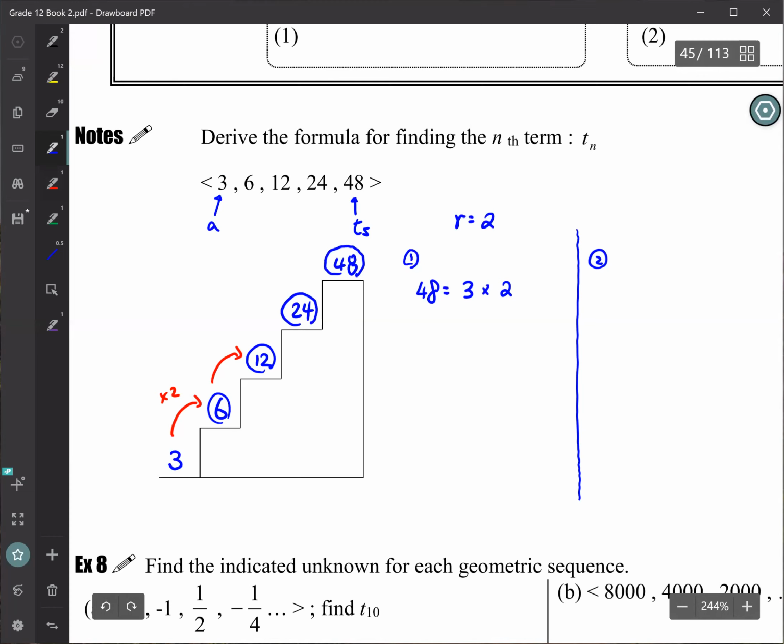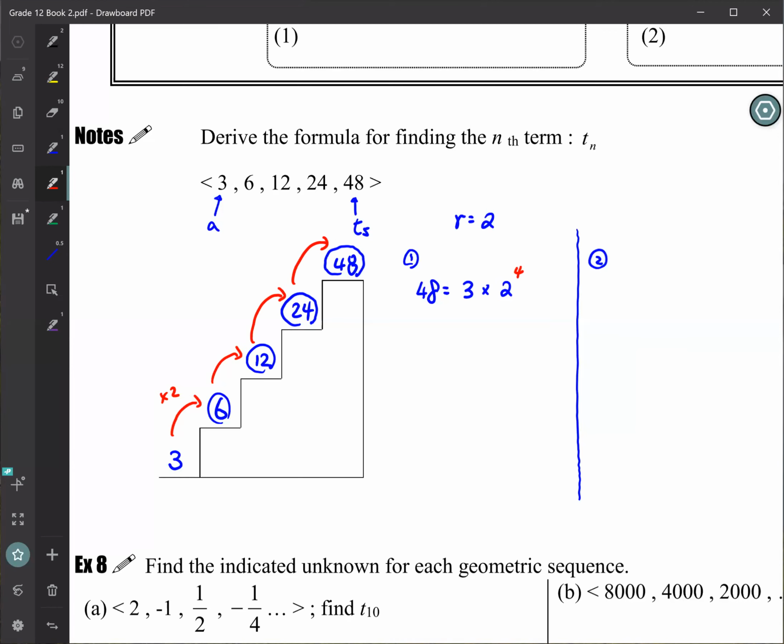So how many times do I need to multiply by 2 to become 48? Cindy? 4 times. Okay, very good. Let's count together: 1, 2, 3, and 4. So the exponent should be 4.